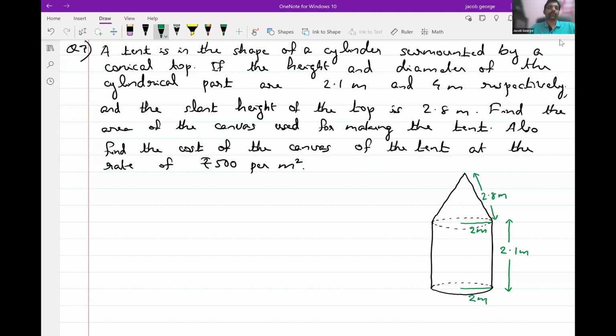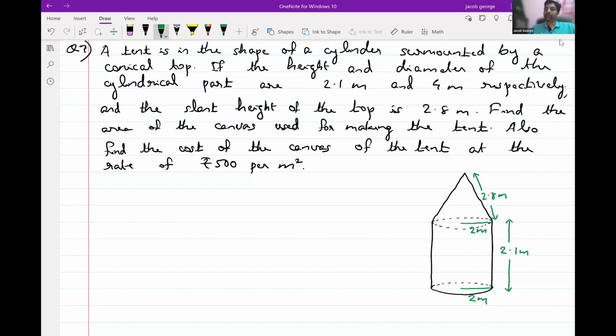But before that, we have to recollect the formula. CSA of cylinder, what is the formula? 2 pi r h. So r and h are there, so the dimensions of the cylinder are not a problem.